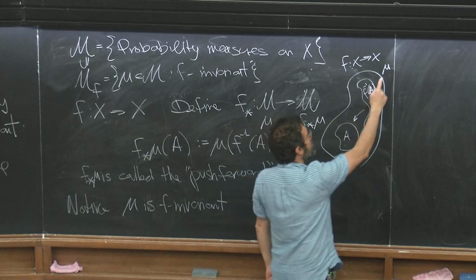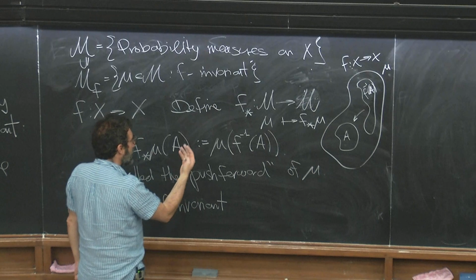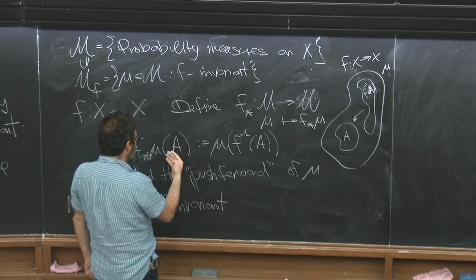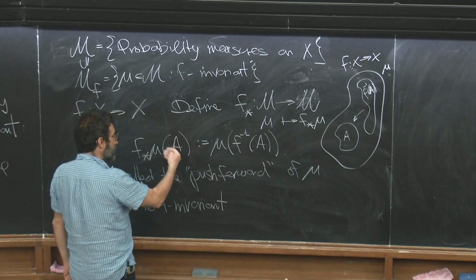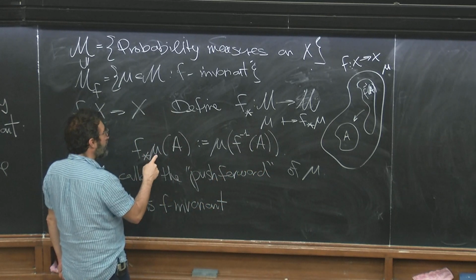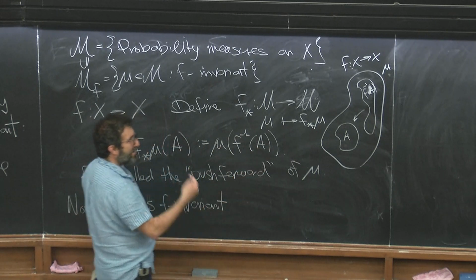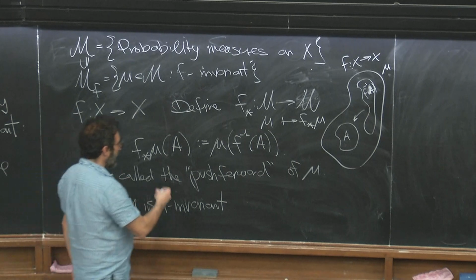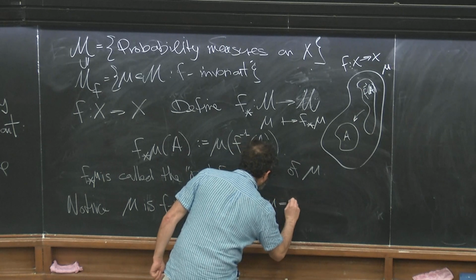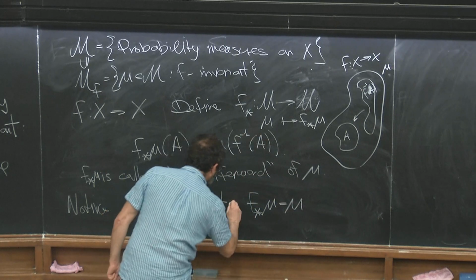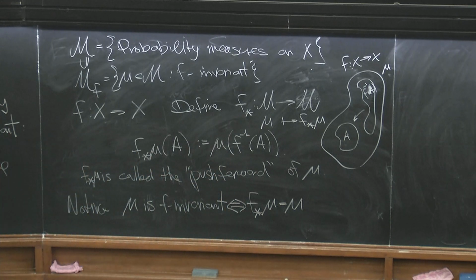That's what it means for the measure to be invariant, for every Borel measurable subset. So F star mu of A is equal to the measure mu of A for every subset, which means that F star mu is equal to mu. If and only if. This is equivalent.